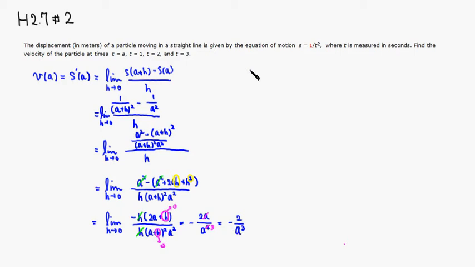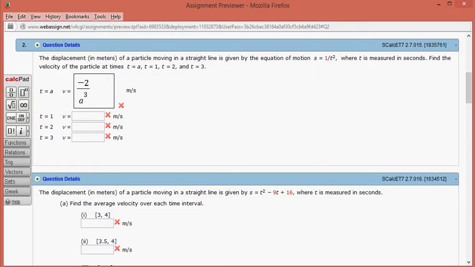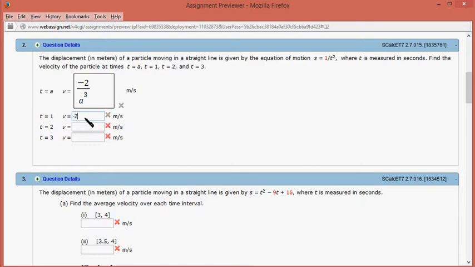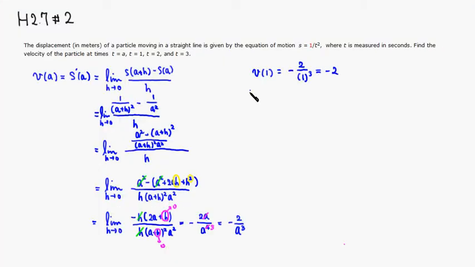If you want to find v of 1, it's going to be -2 over 1 cubed, which is -2. So let's type that in. So that's -2 there. And v of 2 would be -2 over 2 cubed.